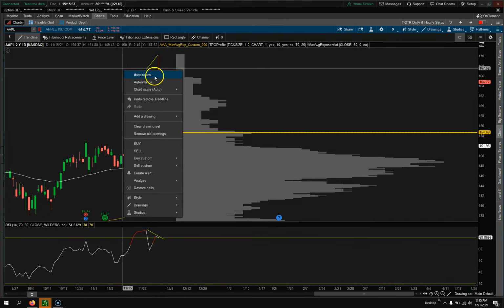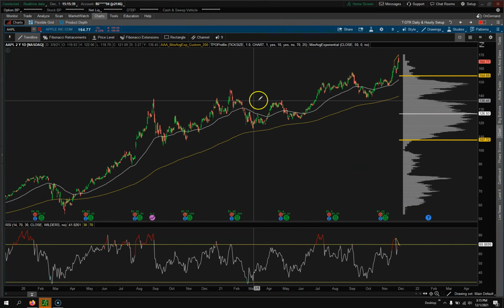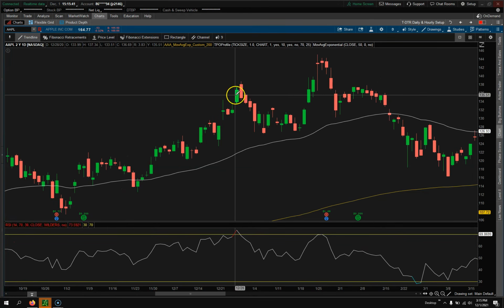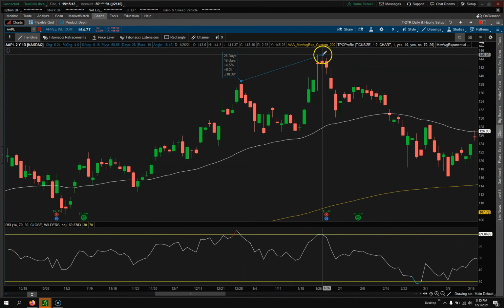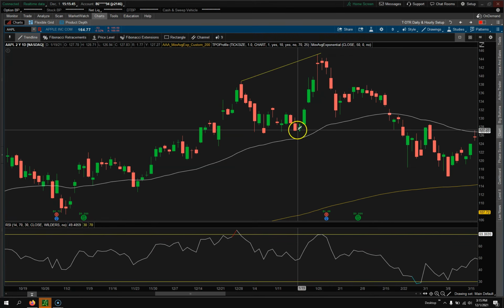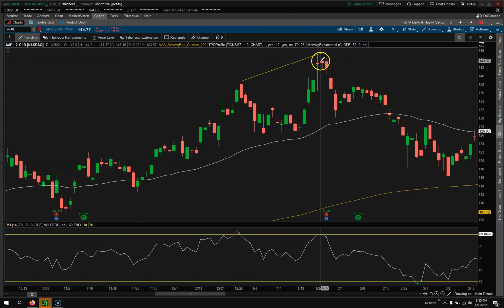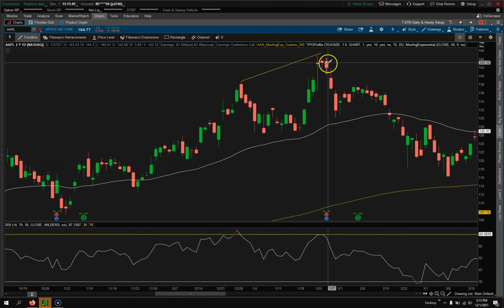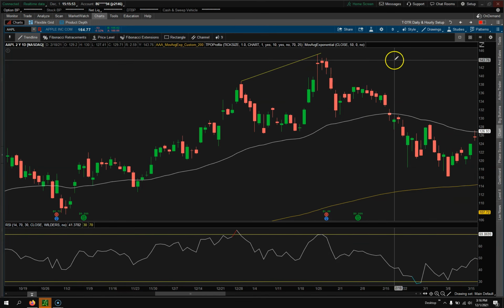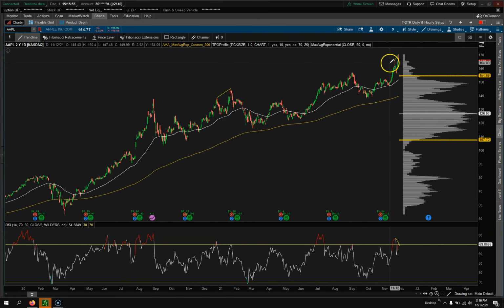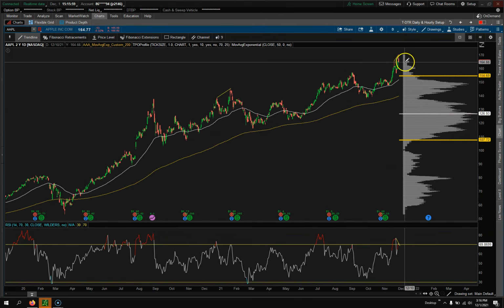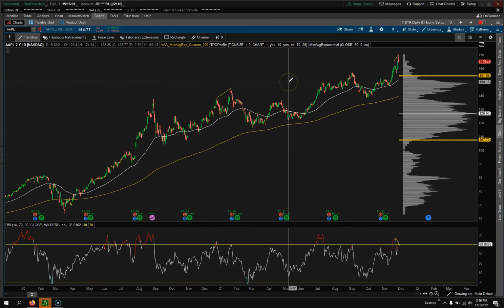Apple has a tendency to do these types of moves. Same thing here: reversal candle, pullback, make new highs, an ugly reversal, and then look at the move lower. Just something to be aware of with Apple. I would be looking for shorts if it breaks below.